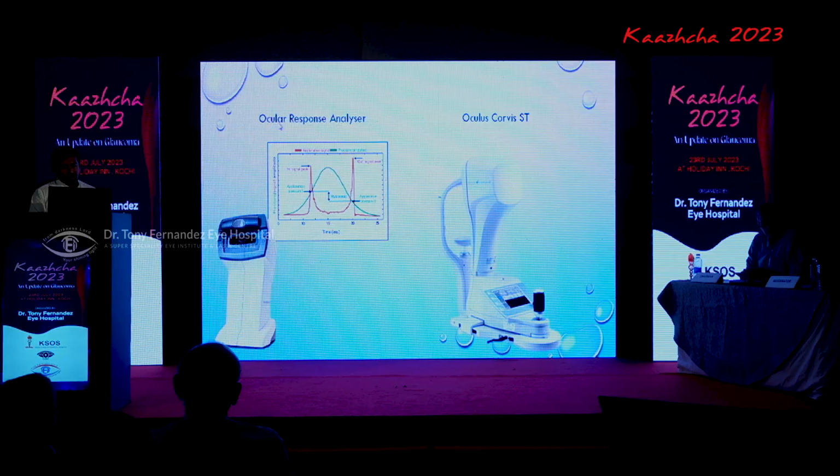Then, of course, the ocular response analyzer, which is truly an air pulse based, that is air puff based tonometer, but because it measures the complete cycle of applanation and back, it can measure the corneal hysteresis as well, which is supposed to be also important in glaucoma. So this is a better tool than our normal non-contact tonometer. And the Oculus Corvis ST also is a newer tool.